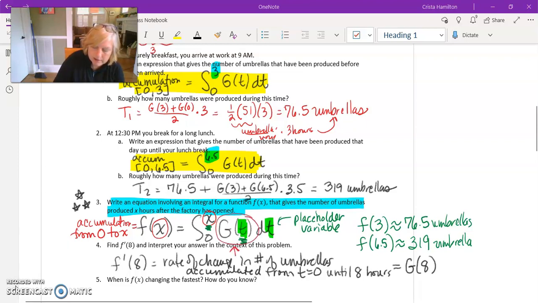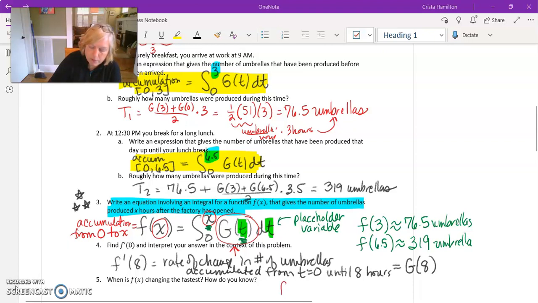So when I ask for the derivative of f of x, then the rate function is the function that's on the inside. So recognizing how these are related to each other. And hopefully you'll start to remember, as we did anti-derivatives, that the function inside the integral is the derivative of the function that's on the outside. And that's something you're going to be thinking about as we do this.